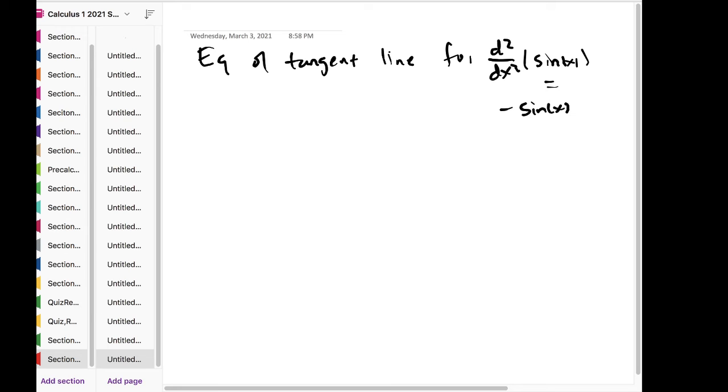And let's also do x equals 0. Okay, so what's the point? So this is my function.